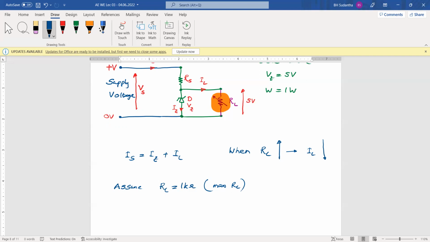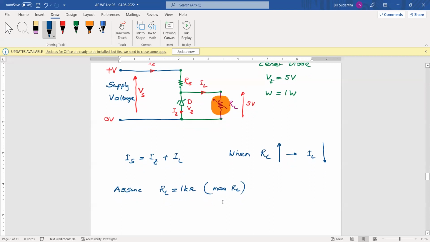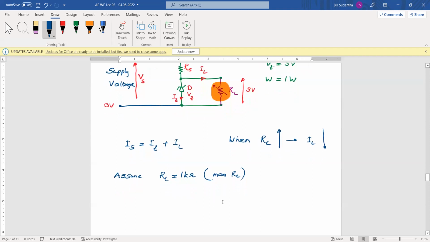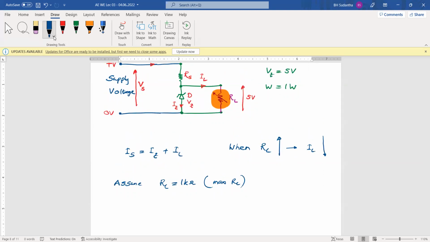For the moment, we can take the power supply voltage VS as 12 volts.